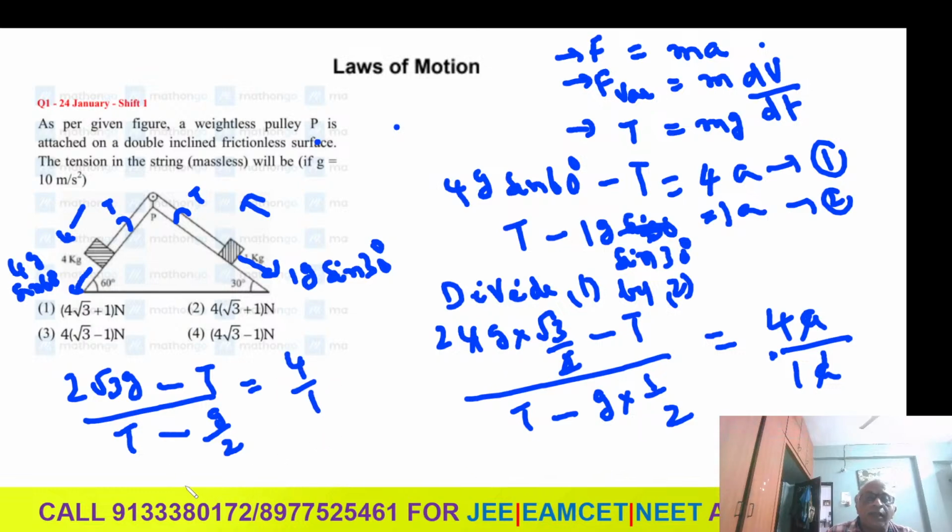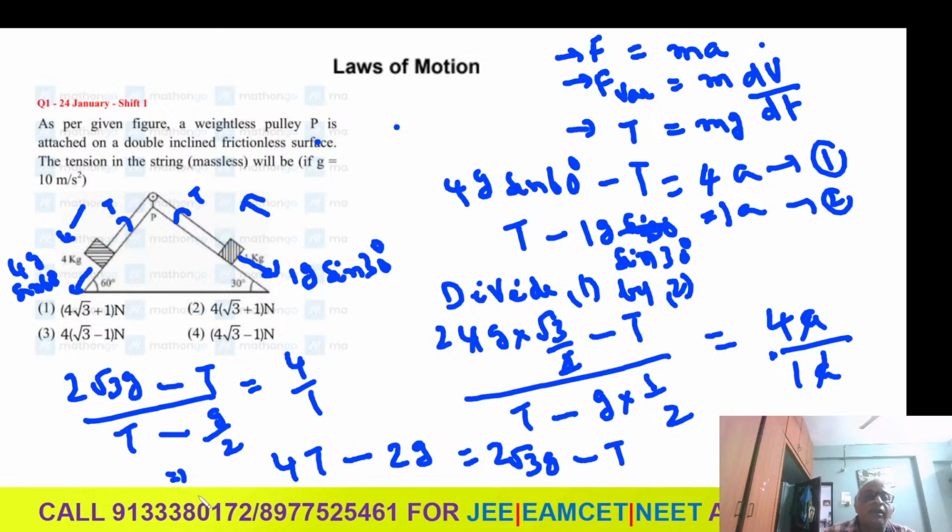To cross multiply, what you are going to get? 4t minus 4 into g by 2, which is equal to 2g. So 4t minus 2g is equal to 2 root 3g minus tension.